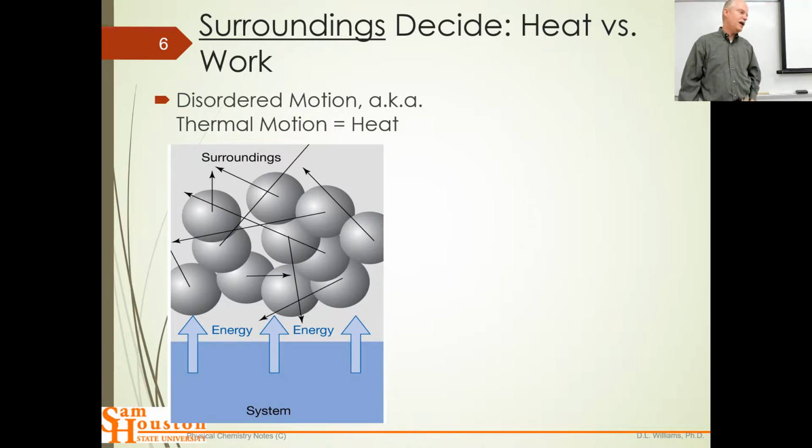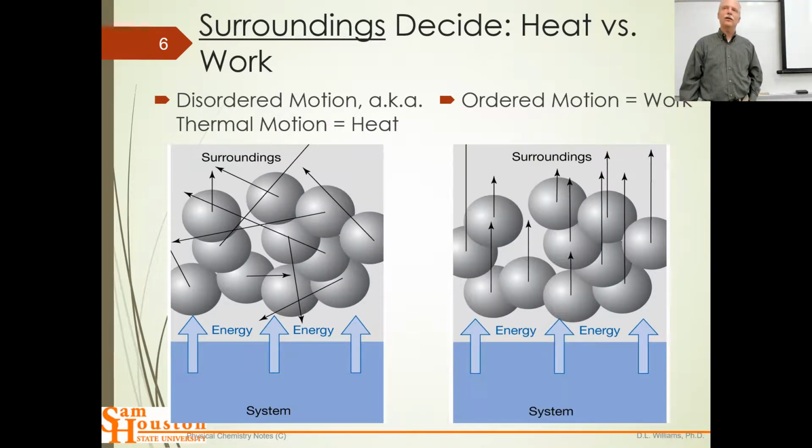Disordered motion is heat, and ordered motion is work. So we really look to see if a system is dissipating its energy to the environment, and the environment is just causing random, faster kinetic energy to the gases surrounding our system, then we say that we're losing that energy in the form of heat.